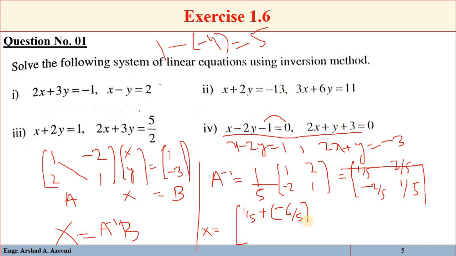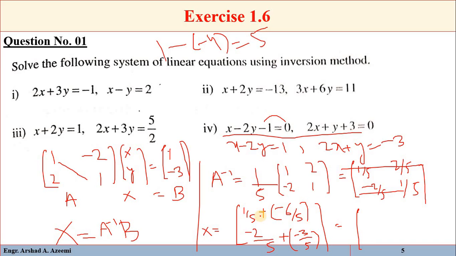Okay, and second row with column. So minus 2 by 5 multiplied by 1, that is minus 2 by 5, plus 1 by 5 multiplied by minus 3, so it is minus 3 by 5. Now just simplify it.